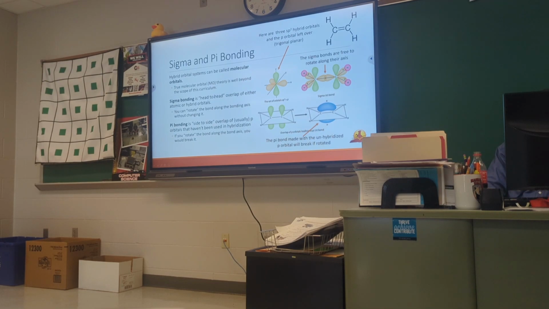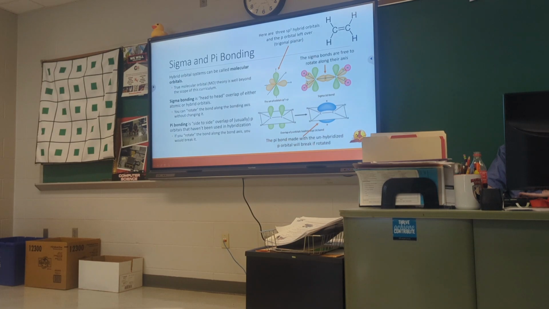Sigma bonding is head-to-head overlap. Head-to-head, they mean that they're overlapping like this, right here. And pi bonding is side-to-side, like these, like those right there, and over here.